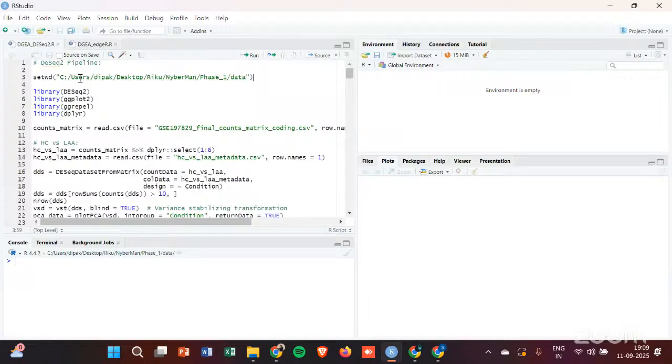Obviously, you won't have the same folder structure as me, right? These will be more personalized for you. So make sure you make the correct path changes. Okay, because if you don't, then you will get some path related errors. I'll give you guys a minute to do that, to open all of this, and then we will begin.